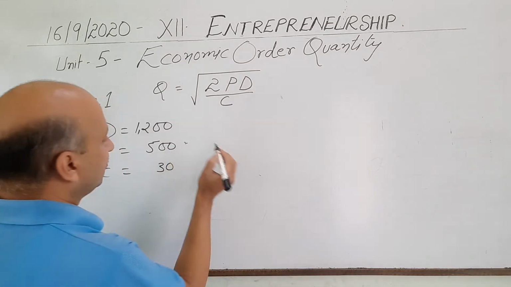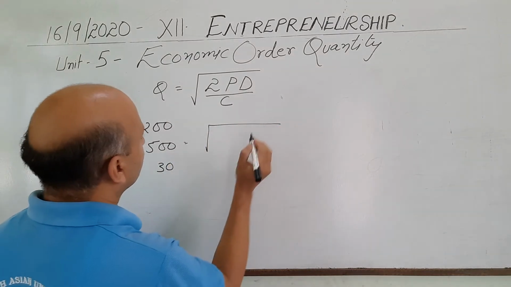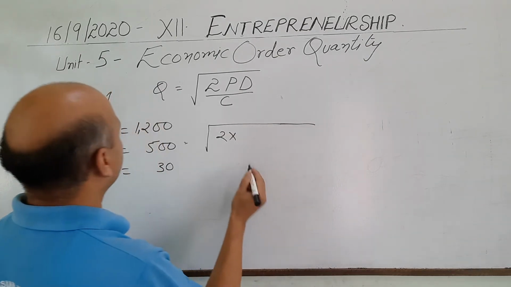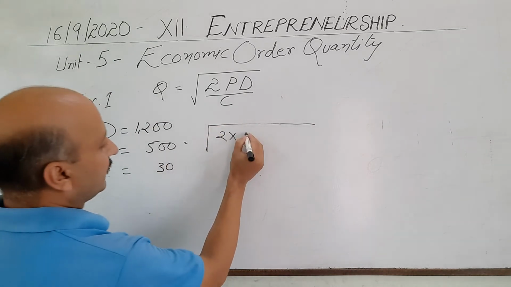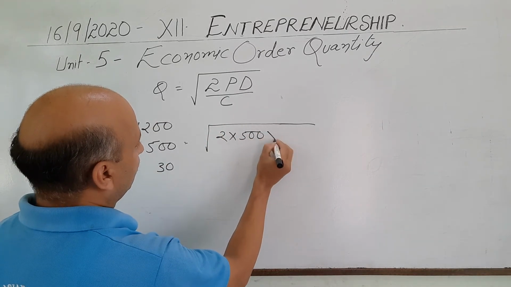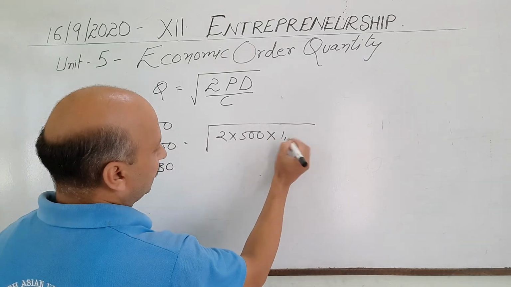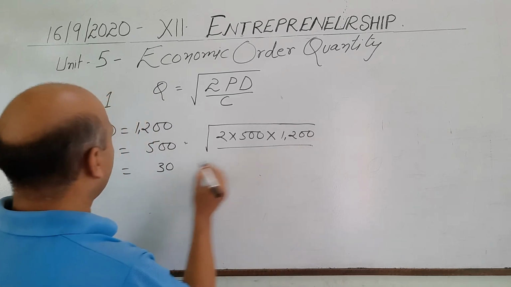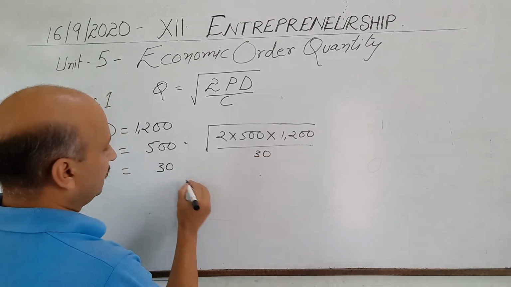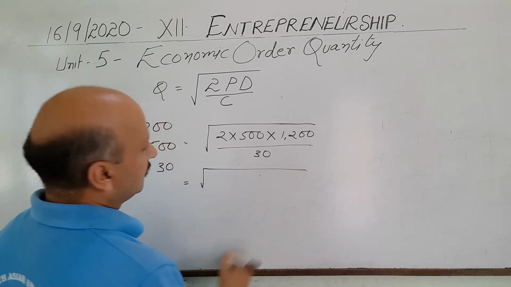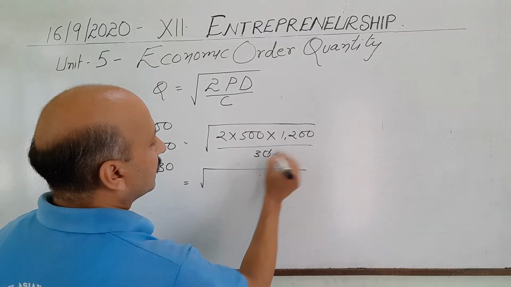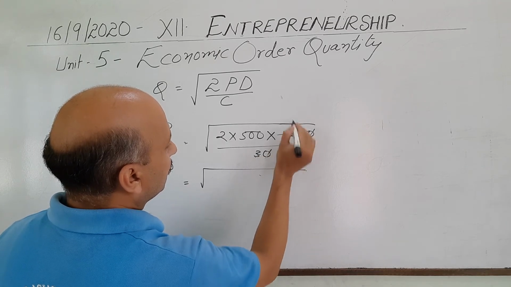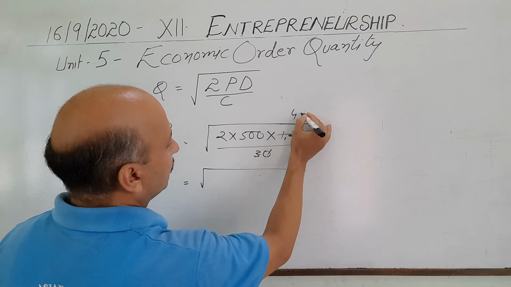So we'll apply the formula. 2 into P, which is 500, into D, which is 1200, upon C, that is 30, equals. 30 can be cancelled here. 3 4s are 12, 0, 40.